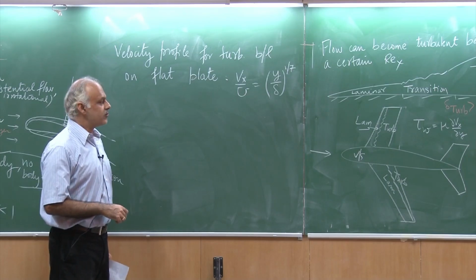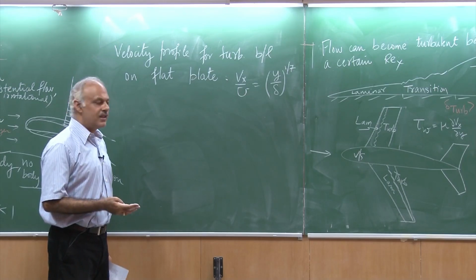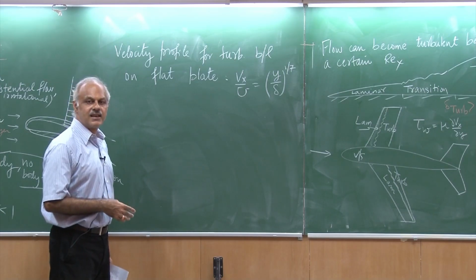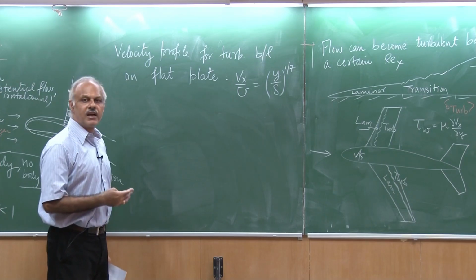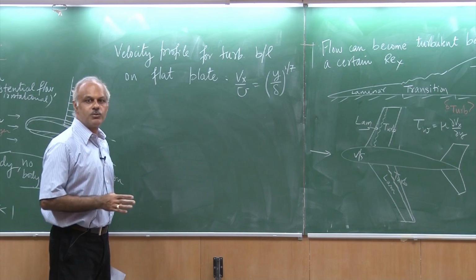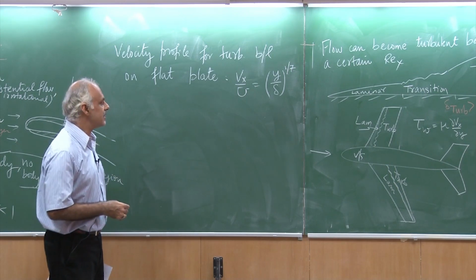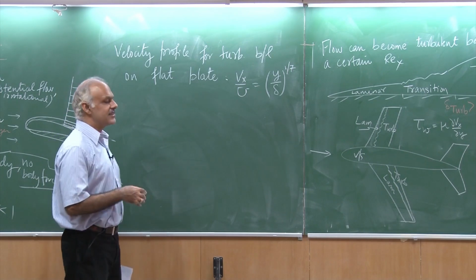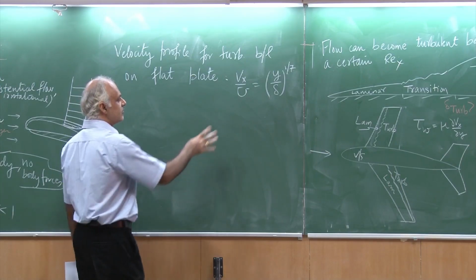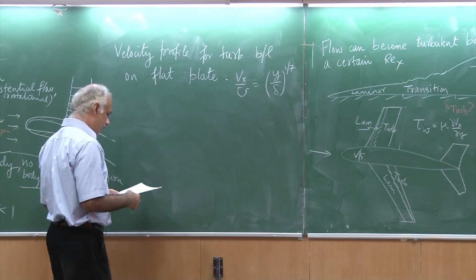So that would be one profile. Now I make a measurement, let's say, in a city area where there are buildings, there are trees, there are small hills. And there the profile could look different because there are so many obstructions. So both are turbulent flows, but the profiles could be different. The trees and the buildings would act as roughness elements. So this is one example where you get a power law profile.